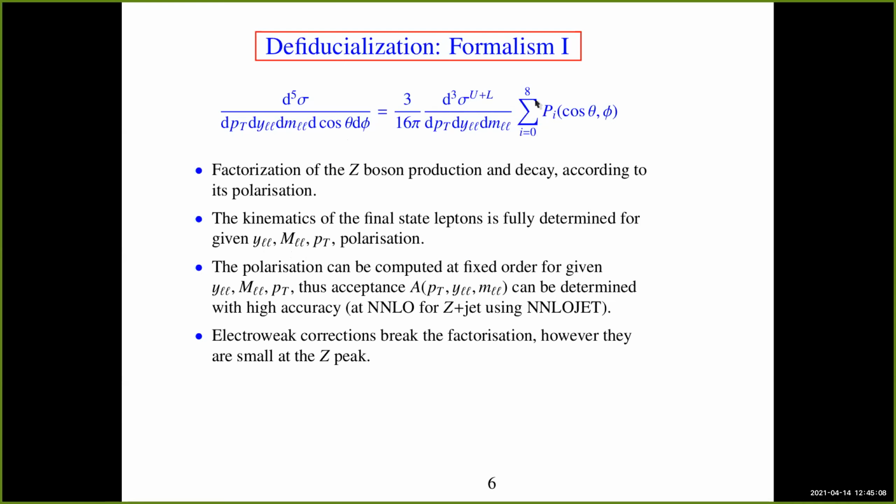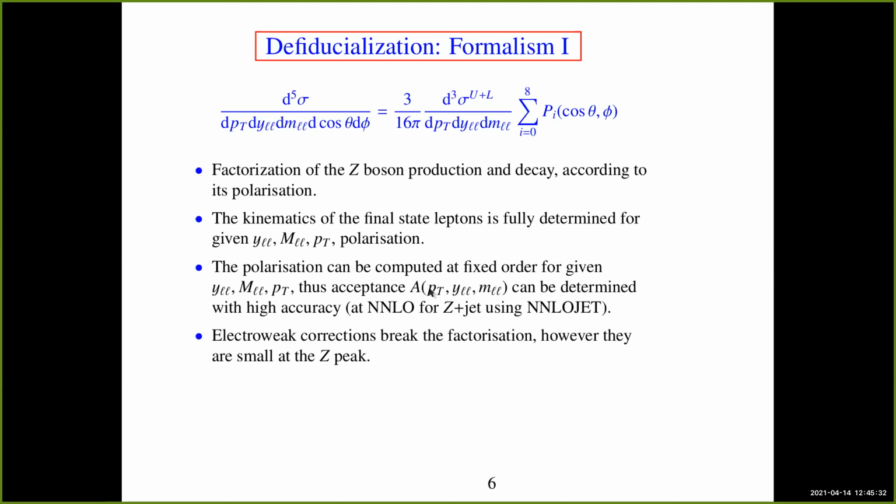Polarization is given by essentially 8 coefficients, and out of all coefficients, the most important one is A0. The rest is not so important for the fiducial cuts we have. The idea behind all this is that the polarization can be computed at fixed order for a given rapidity, invariant mass, and PT.